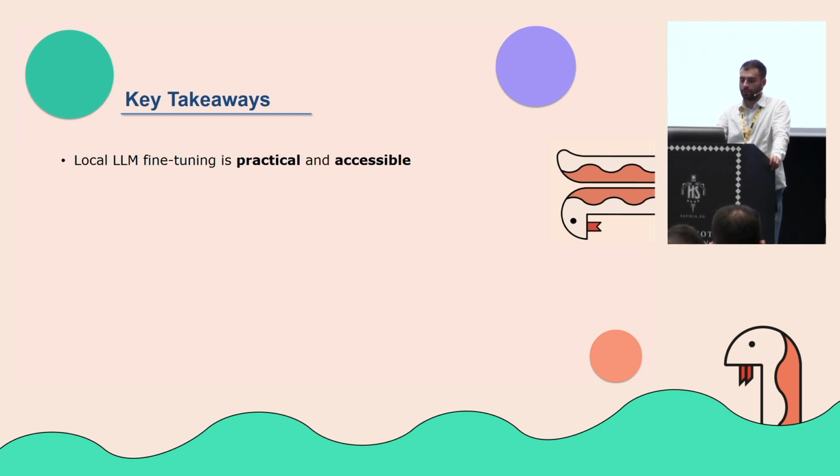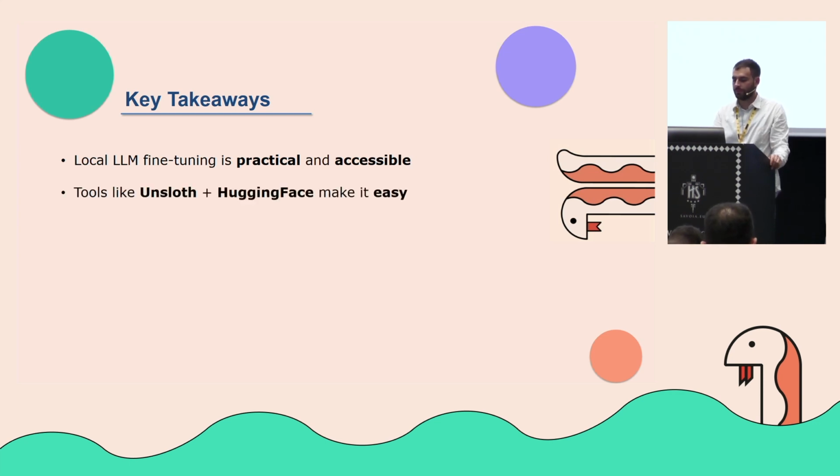But for sure now, with all these tools that are available to us, like the ones we have seen today, like Unsloth plus the Hugging Face ecosystem, it has been made more practical and accessible to all of us.